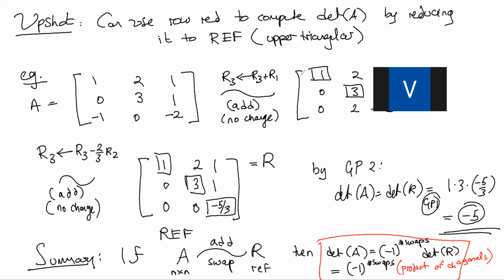Professor, if we reduce it to row echelon form, don't we already know that A will have an inverse? So what's the point of checking whether the determinant exists? It's a great question. Later on, we're going to be studying eigenvalues and eigenvectors, which we haven't talked about yet.